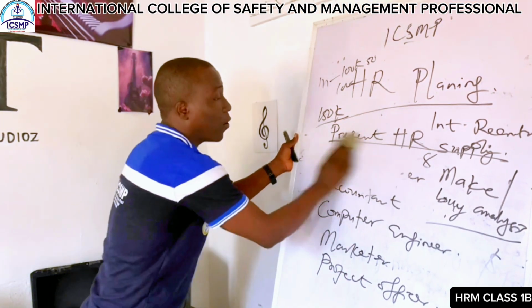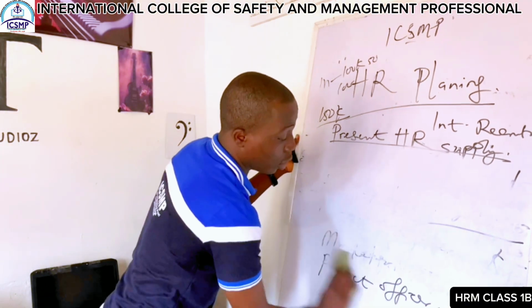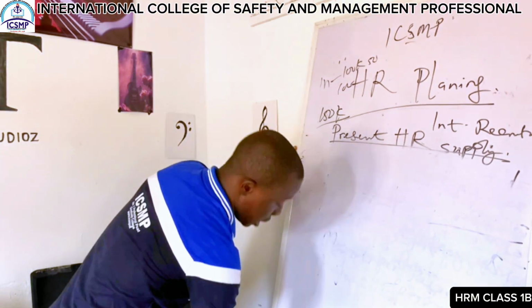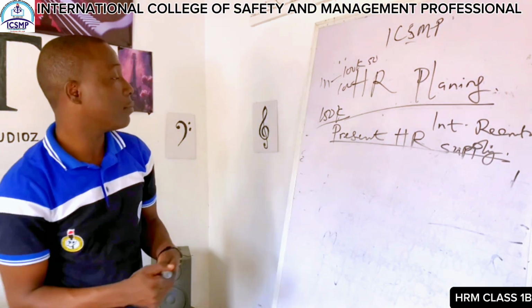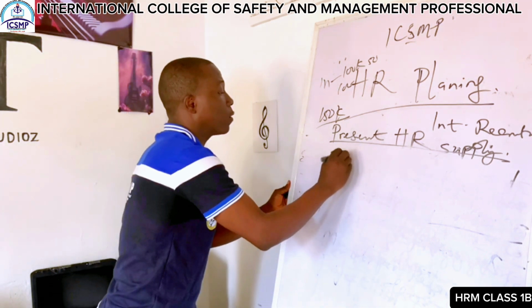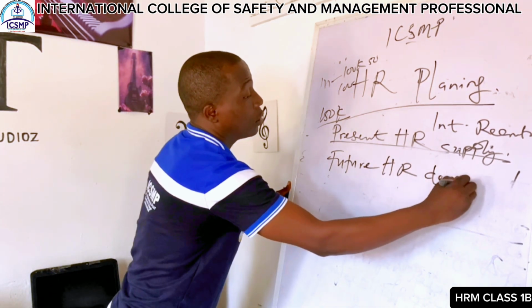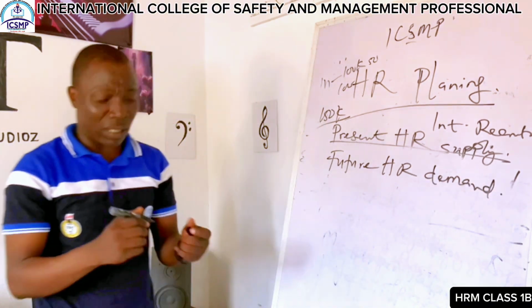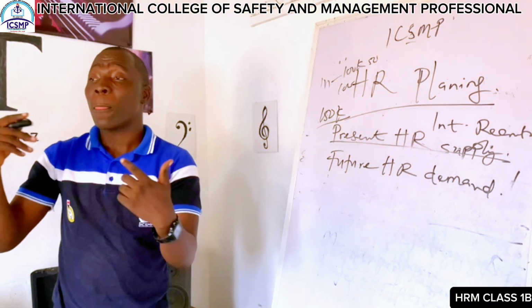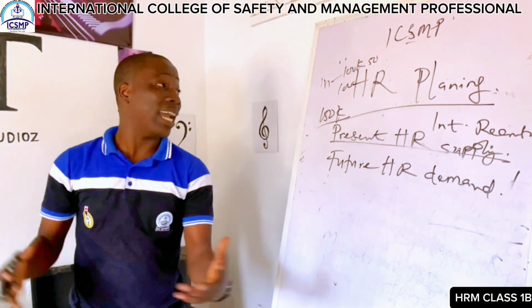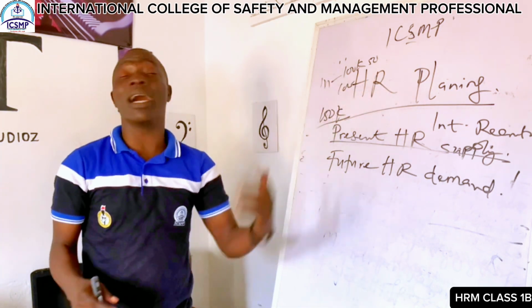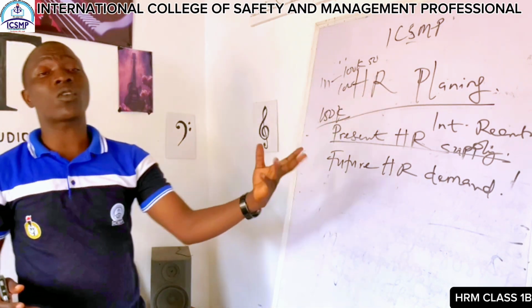Now, let's move further to the second one under human resource planning. And that is the future HR demand. Now, this is another concept you put in mind when planning for human resource. And what does this concept mean?